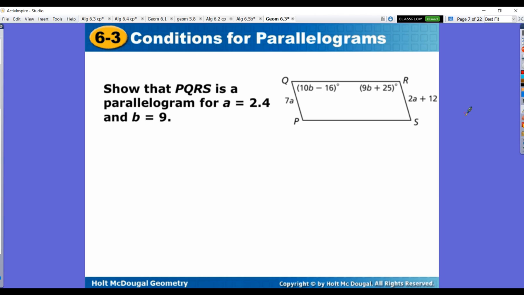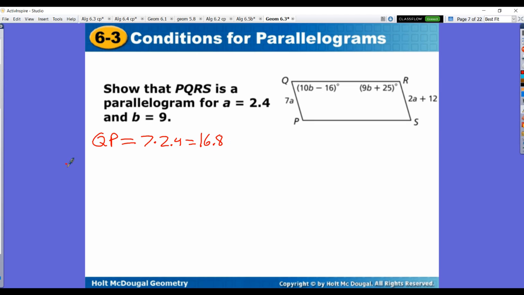First let's take a look at finding the length of QP. QP is going to equal 7 times A. They're telling us what to use for A, so 7 times 2.4. That's going to give us a length of 16.8.